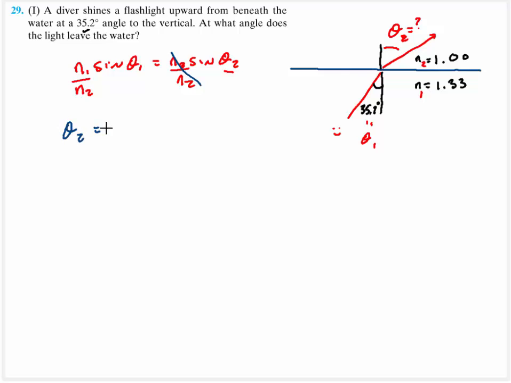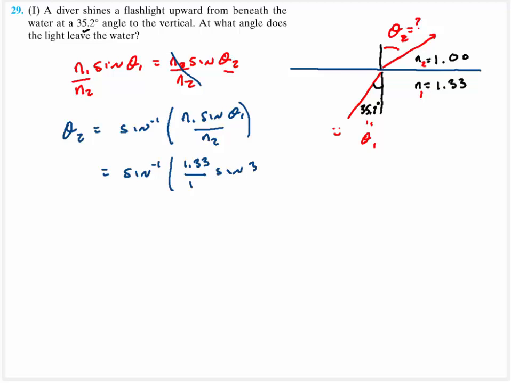We're going to get theta 2 is equal to the arc sine of n1 sine theta 1 divided by n2. So in this case, it's the arc sine of 1.33 divided by 1, the index of refraction of air, multiplied by the sine of 35.2 degrees. It's going to give me an angle of 50.1 degrees. That's larger than the 35, so I'm feeling pretty good about it.